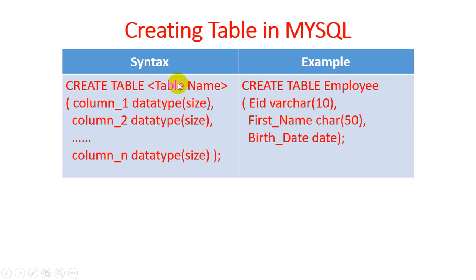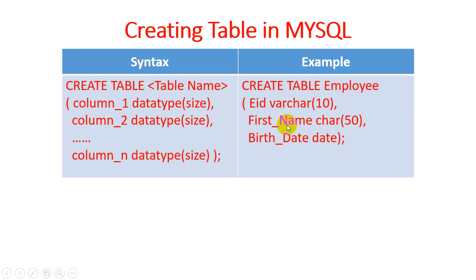Table name is user defined. In the table, column name, data type, and size are compulsory. With reference to the syntax, we create a table known as employee: CREATE TABLE employee, EID is the column name, the data type is varchar, and the size of the data stored is a maximum of 10.